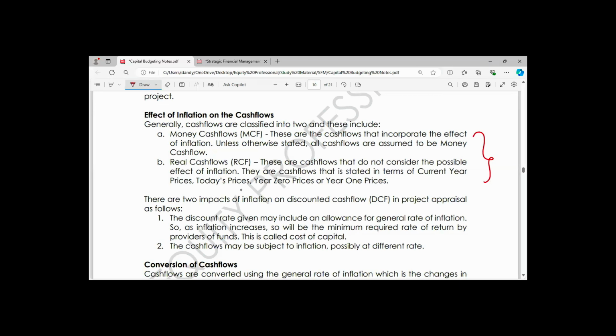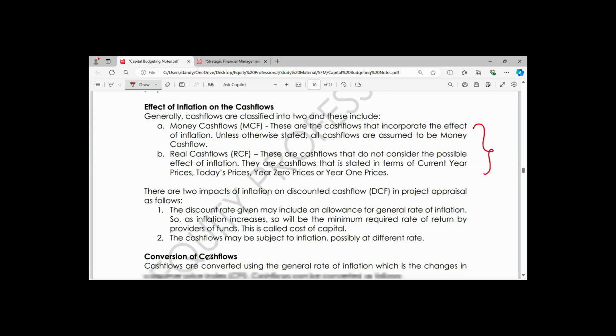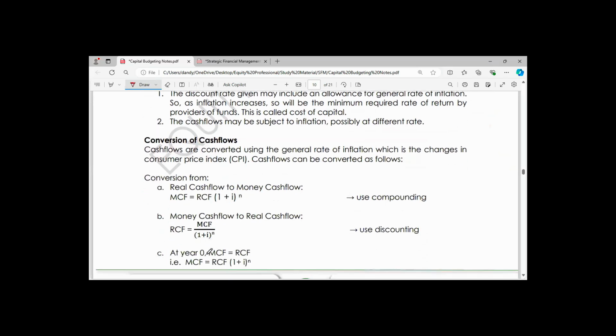Then, how do you convert money cash flow to real cash flow or real cash flow to money cash flow? When you want to convert money cash flow to real cash flow, you are supposed to discount. What do I mean by discount?